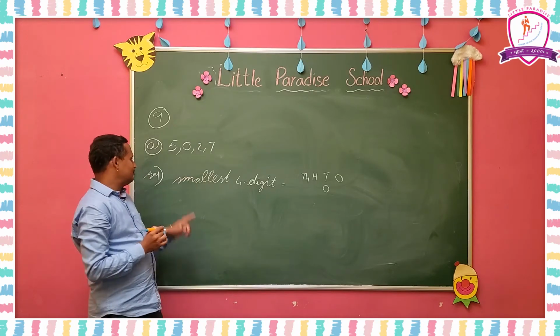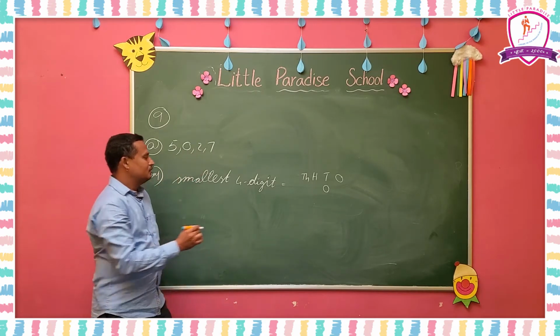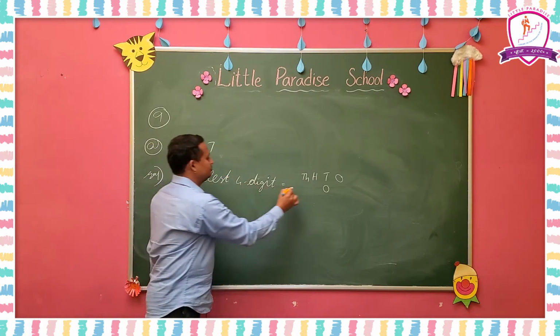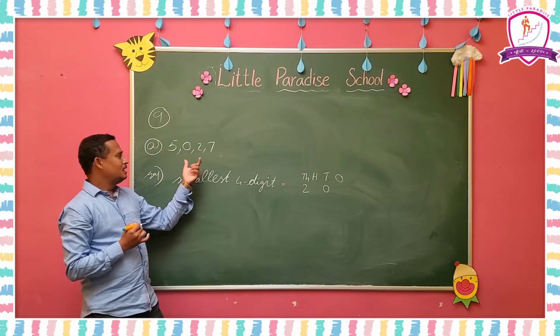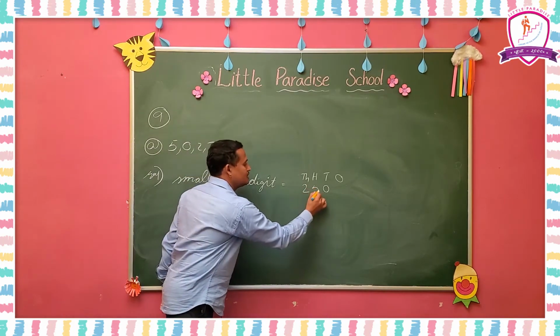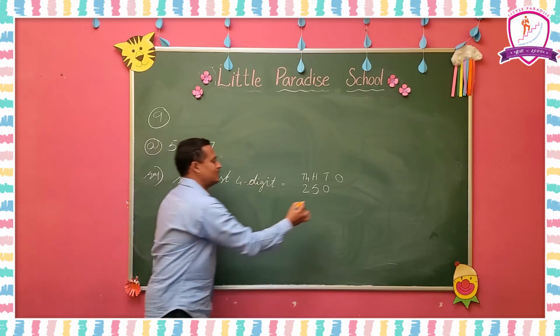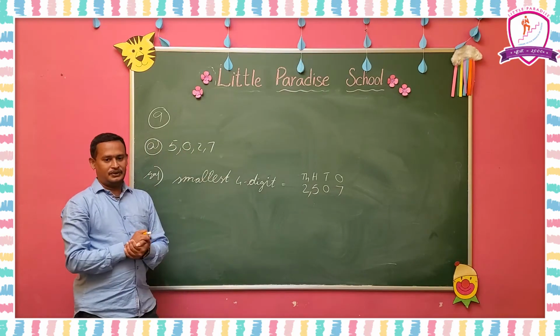Then you have to arrange the given numbers from small to big. The smallest number is 2. In thousands place you have to keep 2, and next 5 in hundreds place. Tens place is already filled, so you have to write 7 in ones place. This is the smallest 4-digit number.